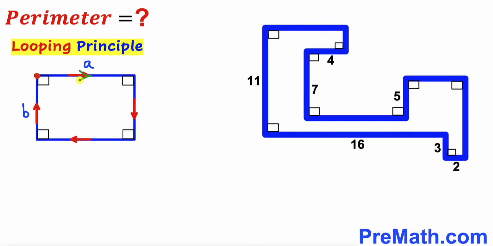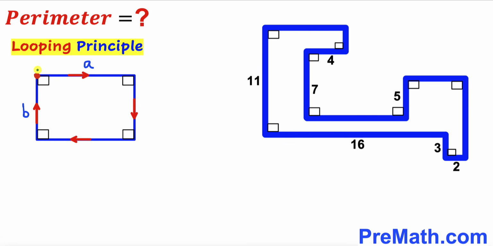So this is our arrow on this side of this rectangle. For this side, our arrow is downward. Likewise for this side, our arrow is going to be leftward. And finally, for this side, our arrow is going to be upward. And this way we have completed a loop until we get to the very same point.